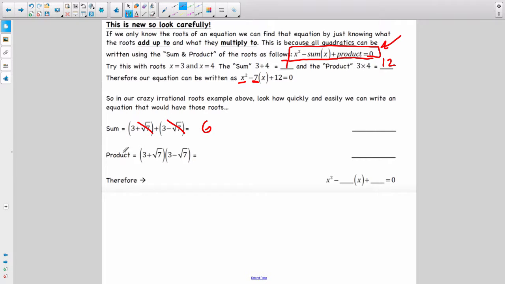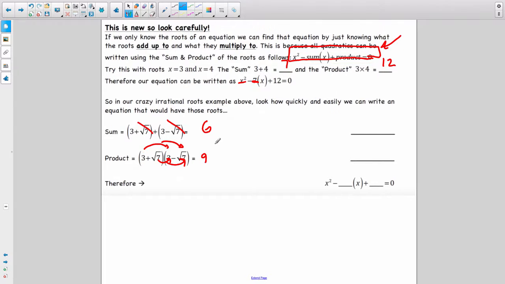Isn't that awesome? How about the product? Well, if you remember doing conjugates in general, the middle terms disappear. Minus 3 radical 7 plus 3 radical 7. And then radical 7 times radical 7 is negative radical 49.